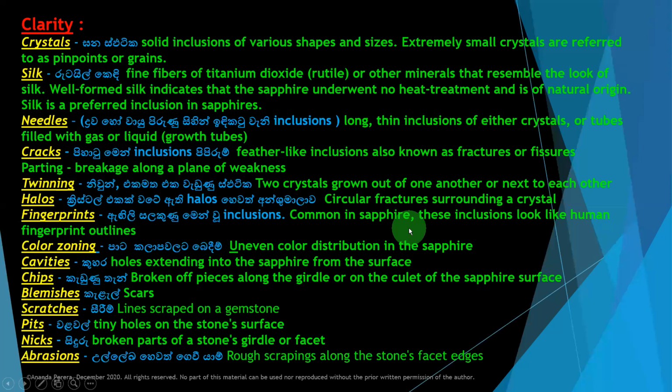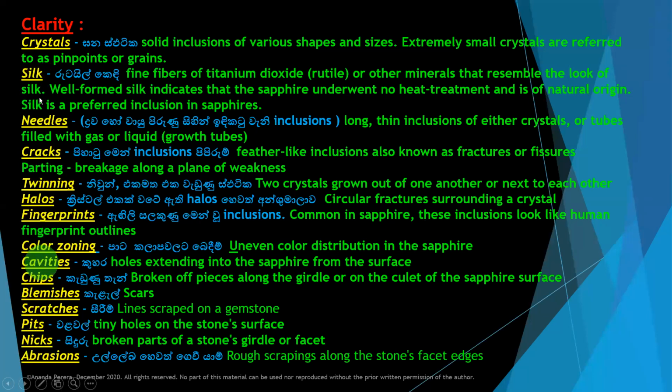Now we are moving to clarity. Inside the clarity, there are a lot of words to discuss. Each word gives us some idea about whether those things are inside the stones or not.